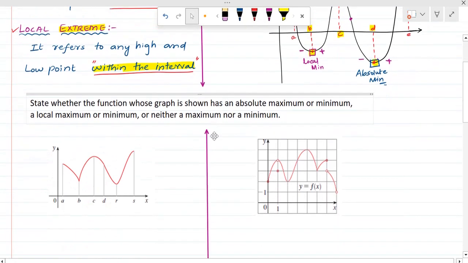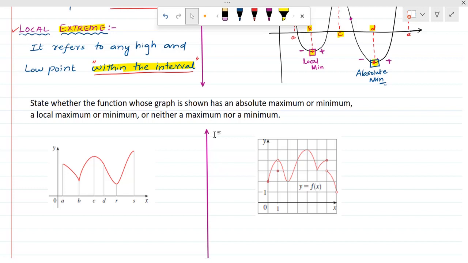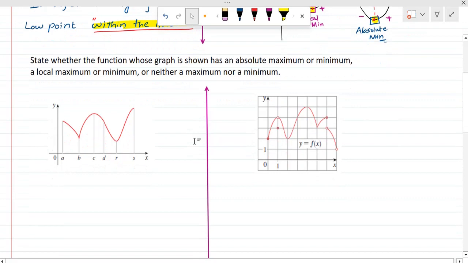Here we have two sets of graphs. We have to find the maximum and minimum of this value. What is the local maximum and minimum, absolute maximum and minimum?